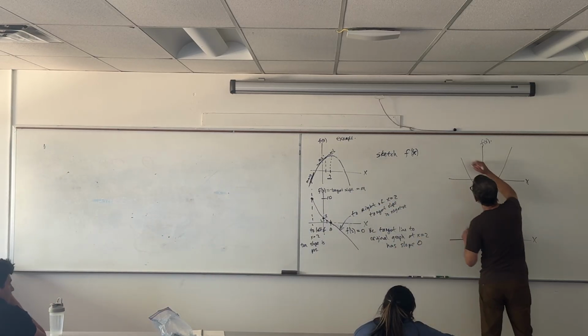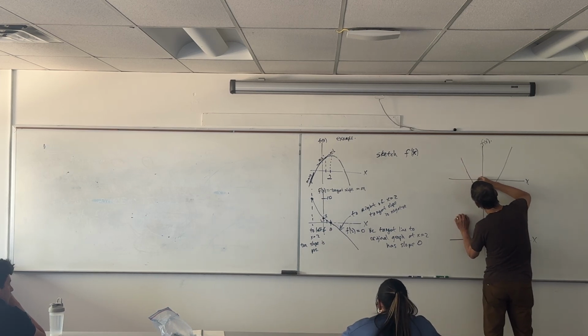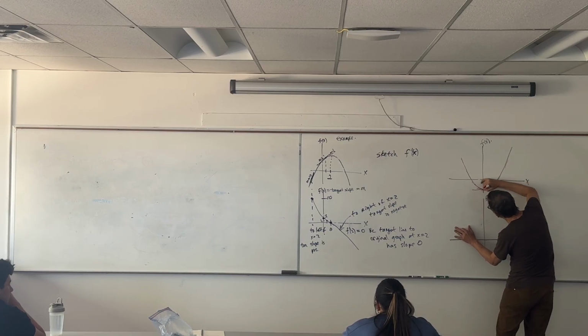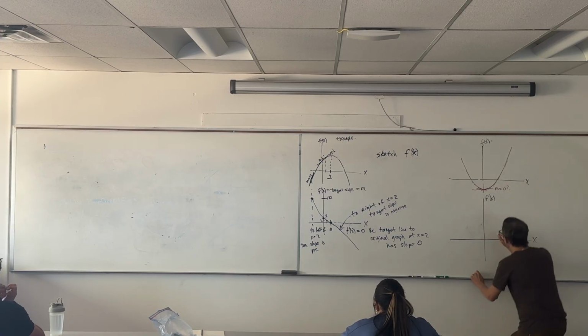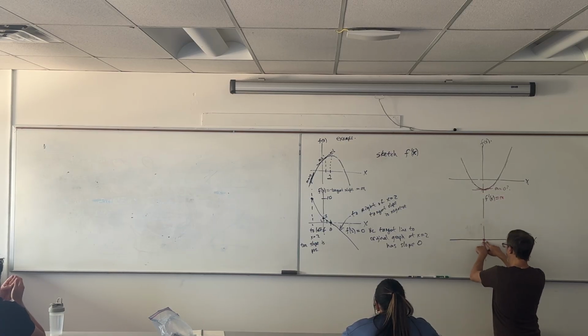So again, thinking about these tangent slopes. Low-hanging fruit is where is that slope horizontal? So where is m equals 0? First thing I'm going to do then is mark that off down here. Remember, this is the tangent slope axis. So 0 is right here where it crosses the x-axis.